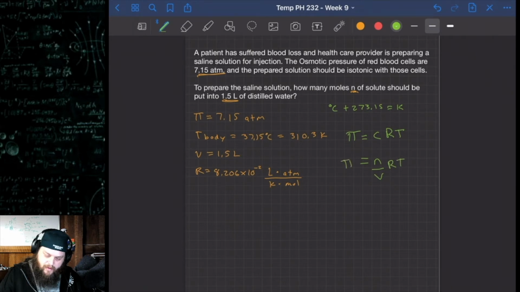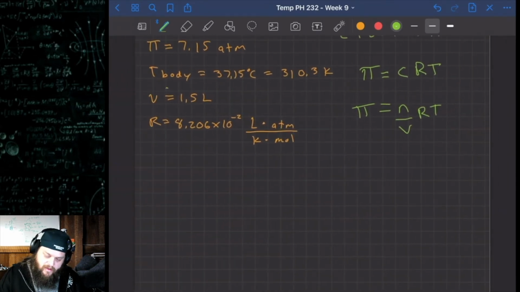This is osmotic pressure. So we have the volume, we have the R constant, we have the temperature, and we have the osmotic pressure. We want to solve for moles. So by rearranging this equation to solve for moles, we have N is equal to the osmotic pressure times V divided by RT.